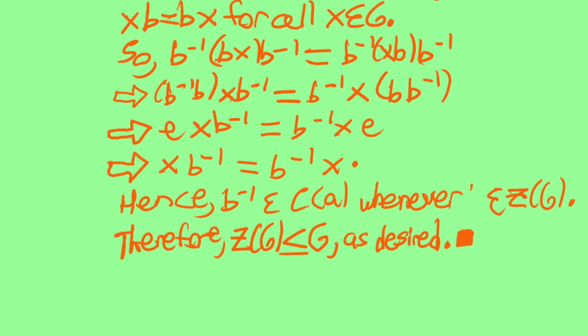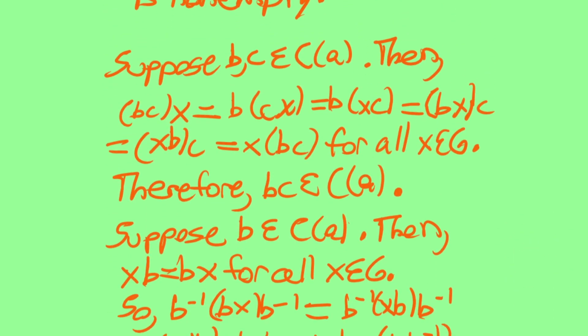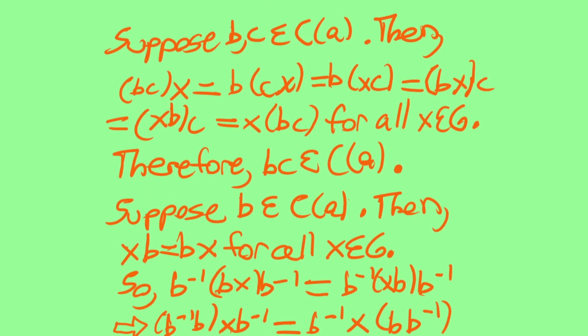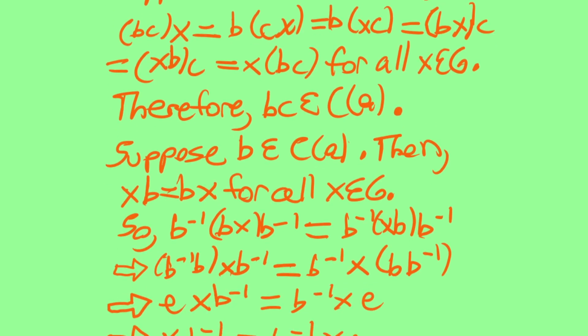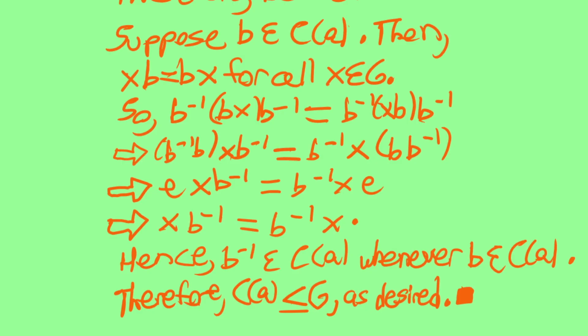And therefore, our centralizer is a subgroup of G. So we basically did the same thing that we did for proving that the center was a subgroup of our group. We just defined two elements and proved that there is closure and that there are inverses for every element.